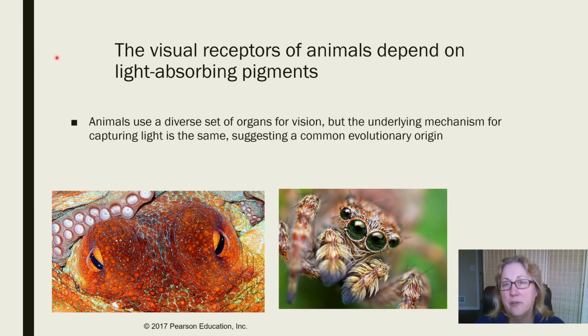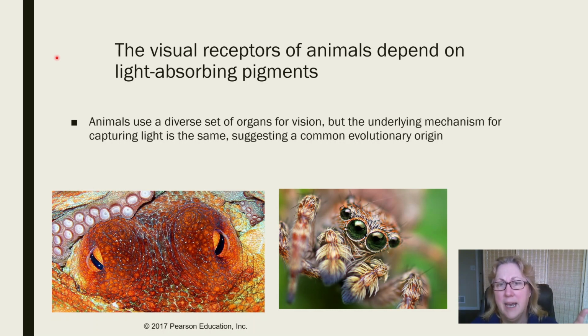Okay, so for vision, most animals can detect light. And there's a difference between just being able to detect light and tell light from dark and having eyes that can see shapes or focus. There's all different degrees of eyes.